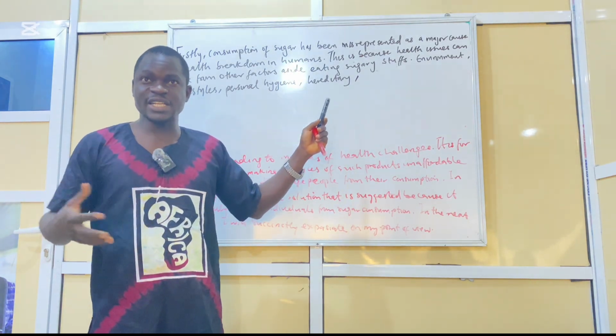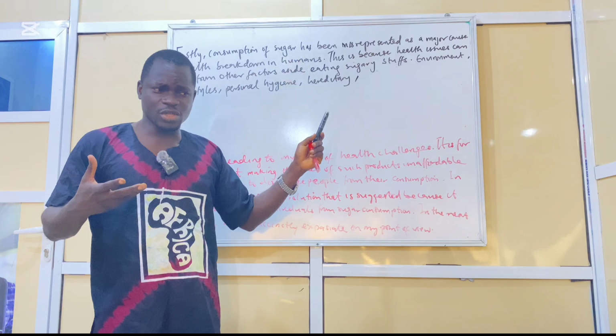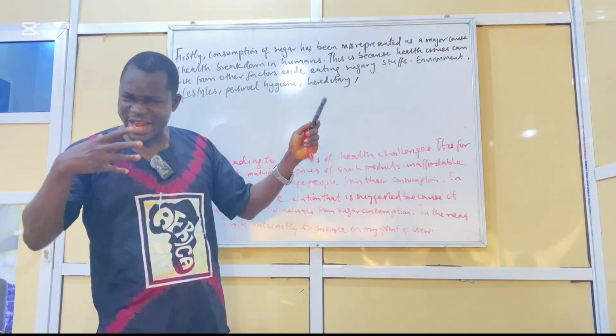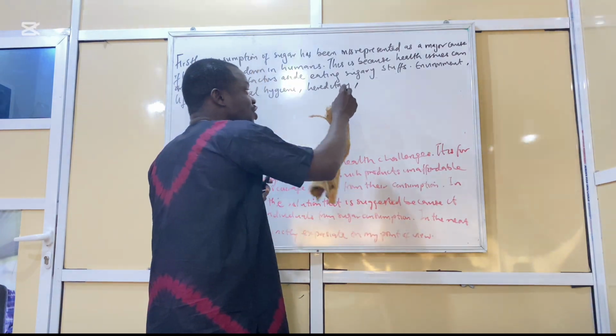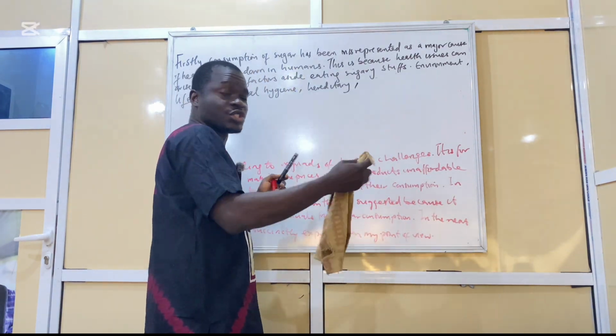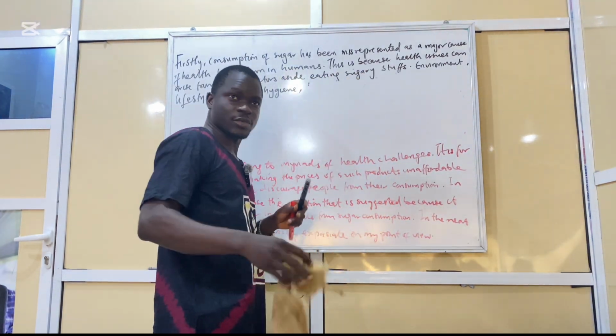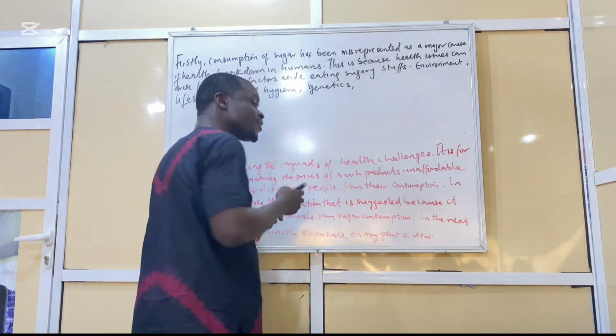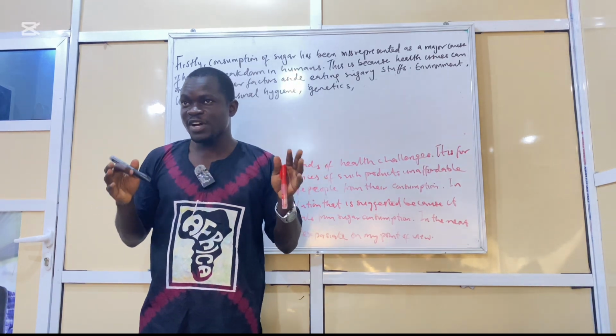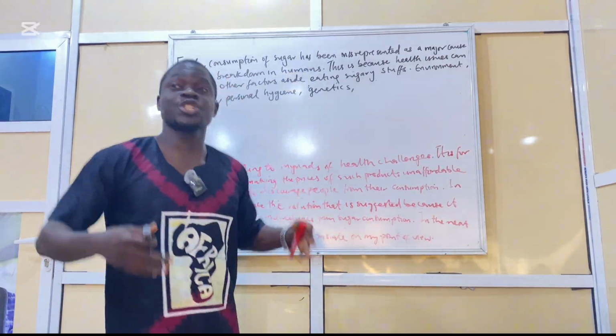Does hereditary stand alone? Most likely it's hereditary something, like hereditary traits or hereditary condition. So let me just use genetics. Did you get that? Did you see all the intricacies of writing now?